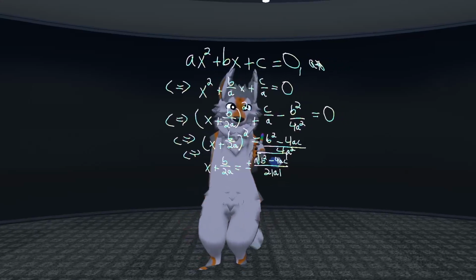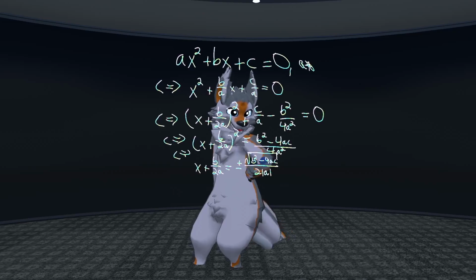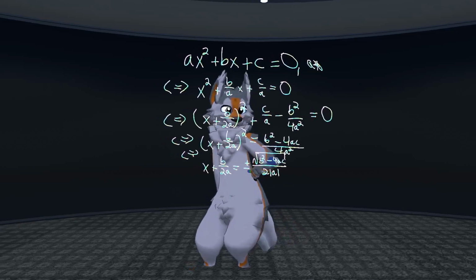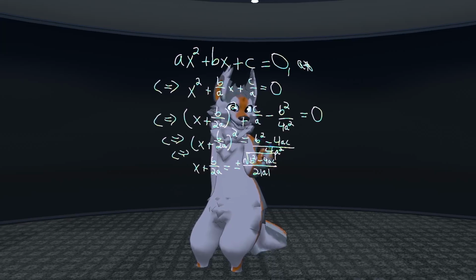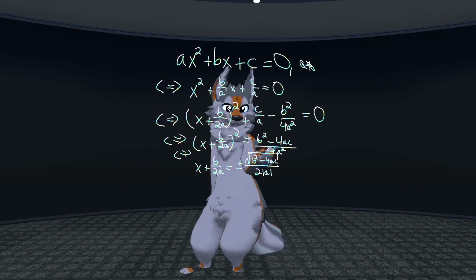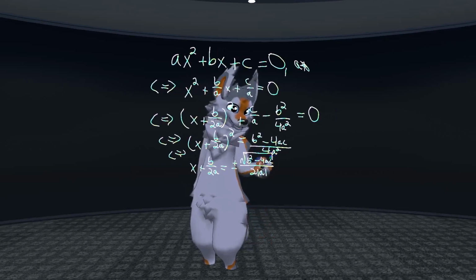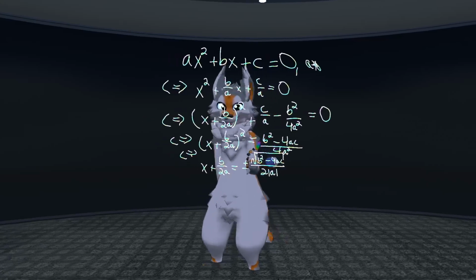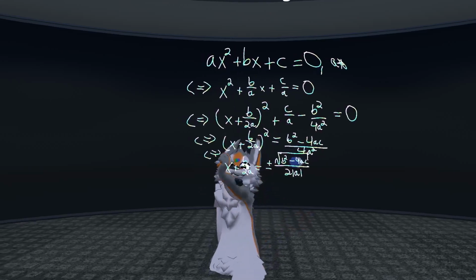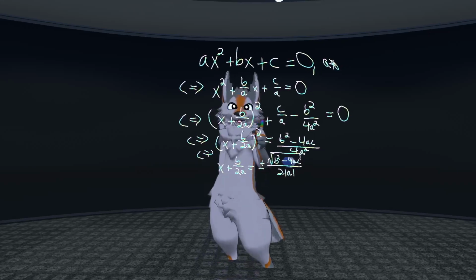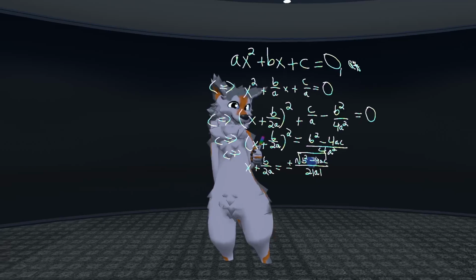However, since we have this plus or minus here, we can notice that this absolute value, depending on the value of a, just gives a plus or minus 1 in front of the expression, which is basically this thing over here. So we can essentially ignore this absolute value and move this to the other side.